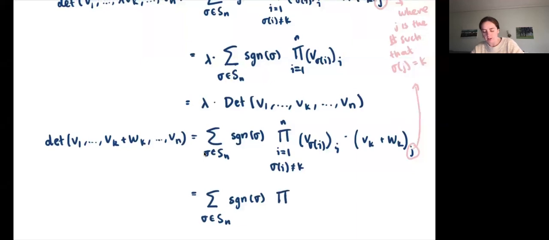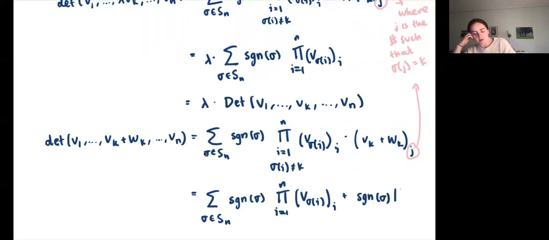So I'll have the product as i goes from 1 to n, v sigma of i, and we want the ith entry of that. And then I get plus SGN sigma times the product as i goes from 1 to n, and i is not equal to j.